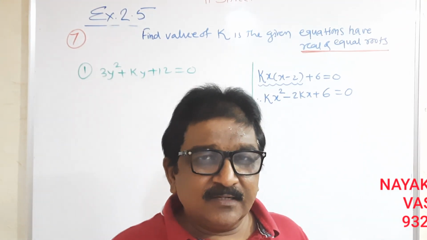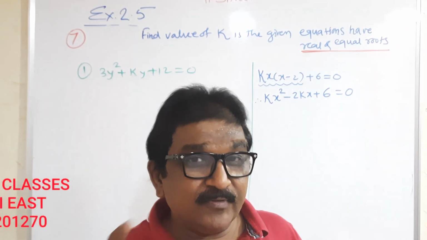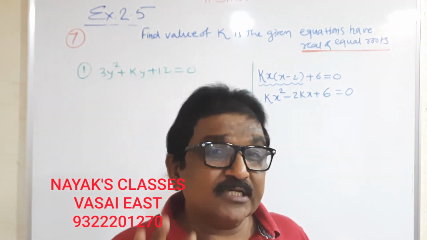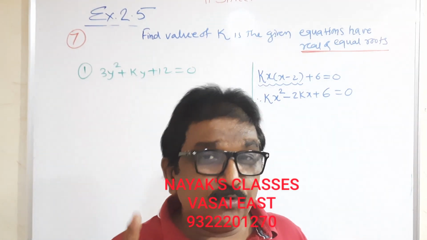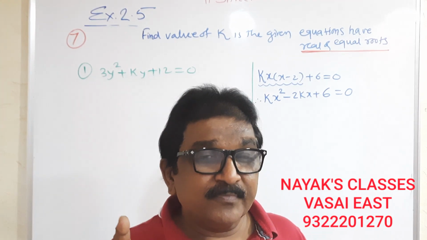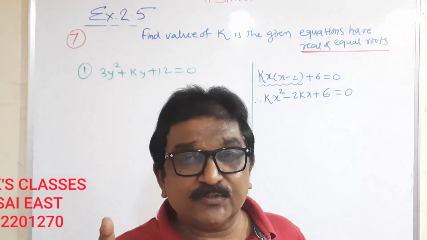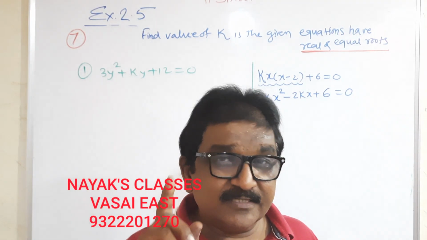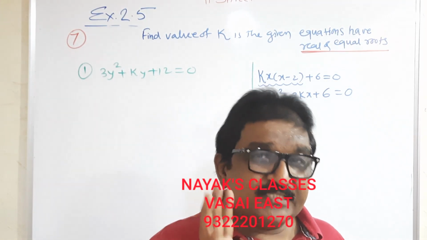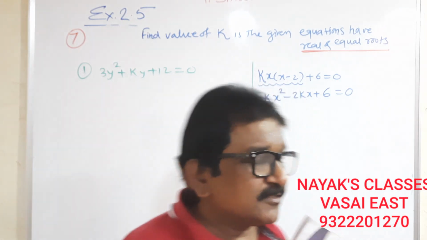They have given the condition that the roots are real and equal. When the roots are real and equal, you know delta is 0, that is, b square minus 4ac is 0, the discriminant is 0. So this is the base of these examples.